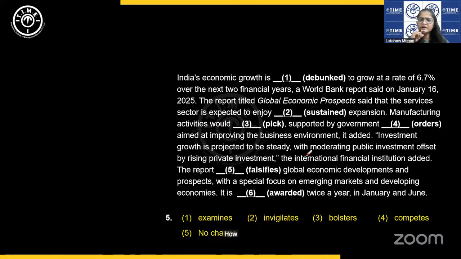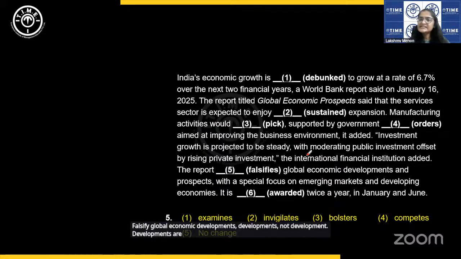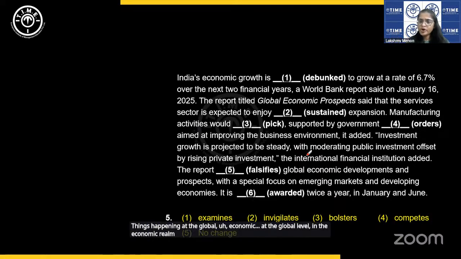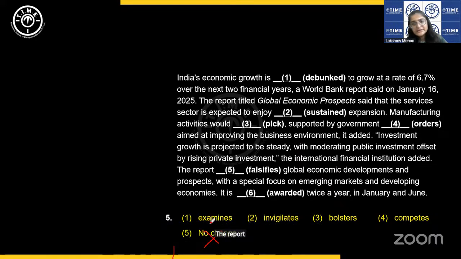How can a report falsify global economic developments? Developments, not development. Developments are things happening at the global level in the economic realm. So what falsifies is definitely not correct. The report cannot disprove things that are happening, right? The report examines global economic developments and prospects with a special focus on emerging markets and developing economies. Does that make sense?